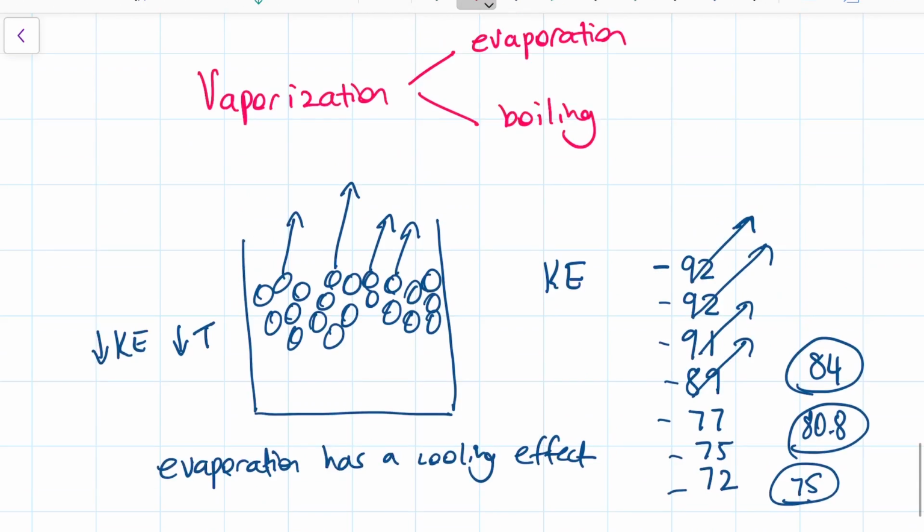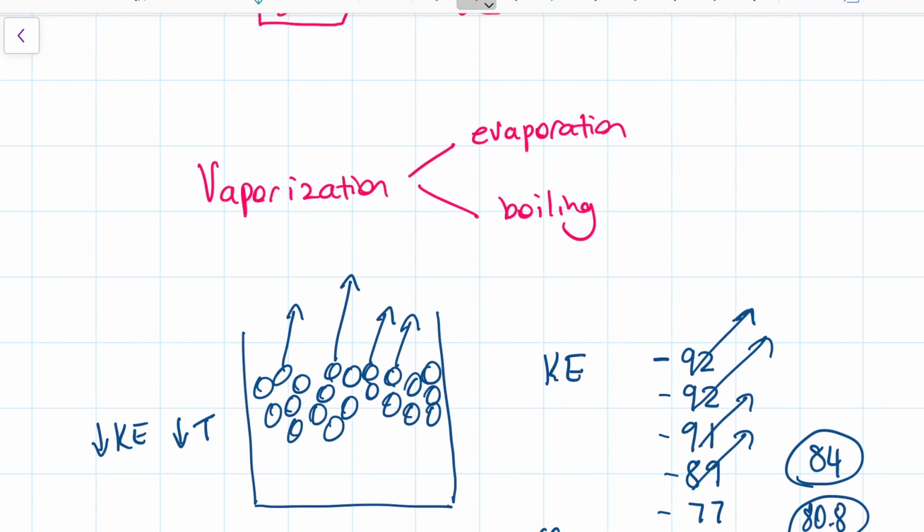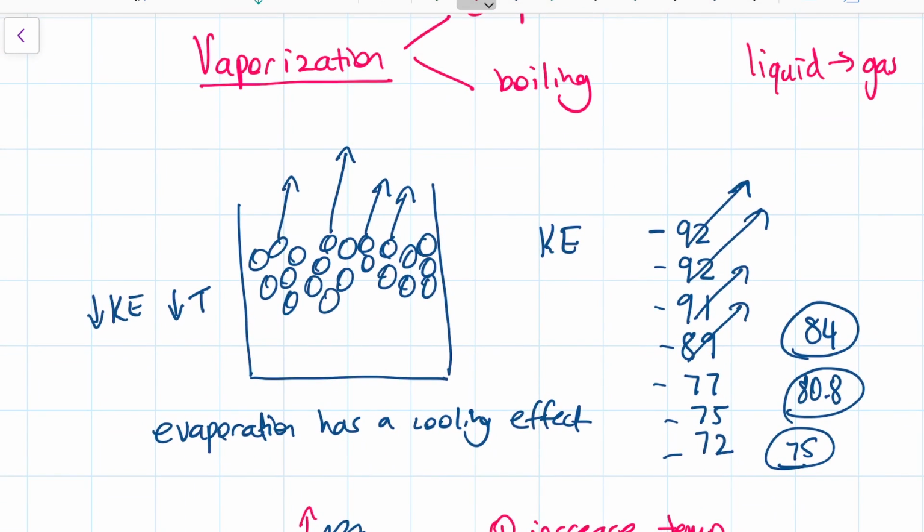So let's review. Evaporation is a form of vaporization. It's when we're going from the liquid to the gas phase. Evaporation has a cooling effect. Why? Because the higher kinetic energy molecules will leave first from the surface, and that lowers the, quote, class average per se, or the average kinetic energy of the molecules left behind.